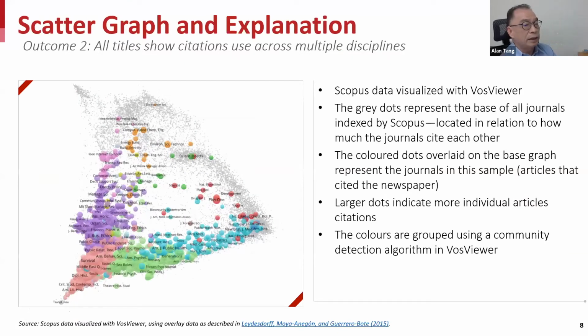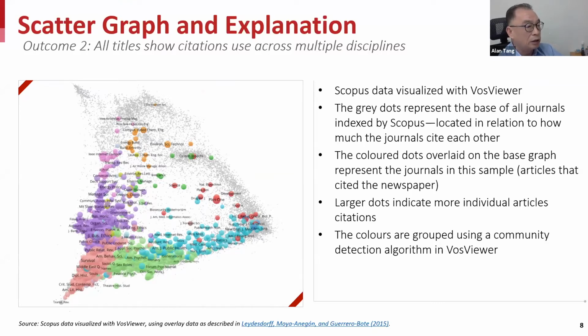Again, this is a scatter chart making use of the Scopus data, using Retrieval as the application to demonstrate. As you can tell, there's a double-layer graphic.